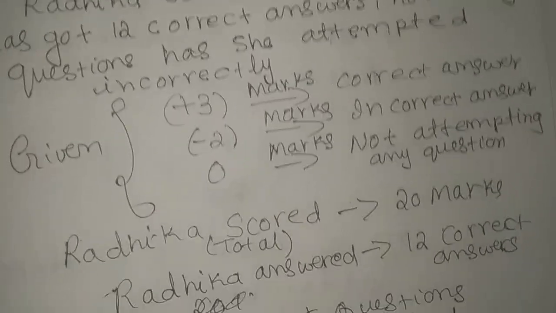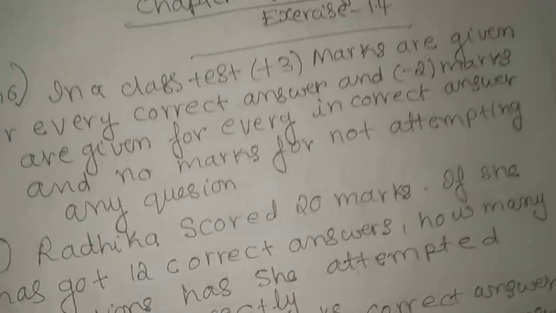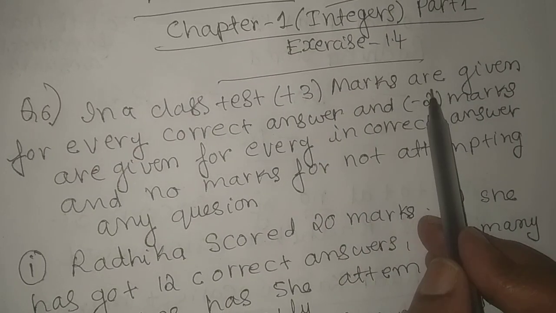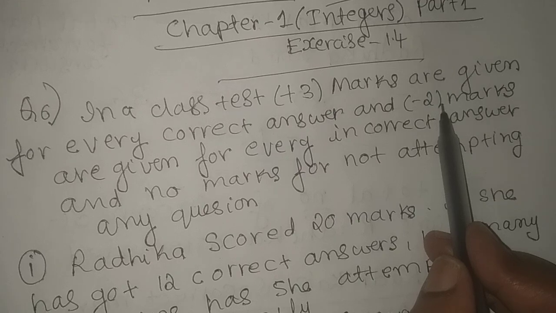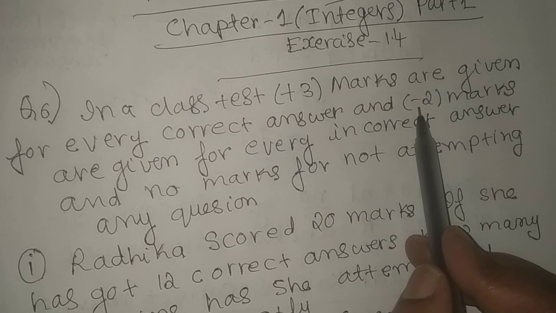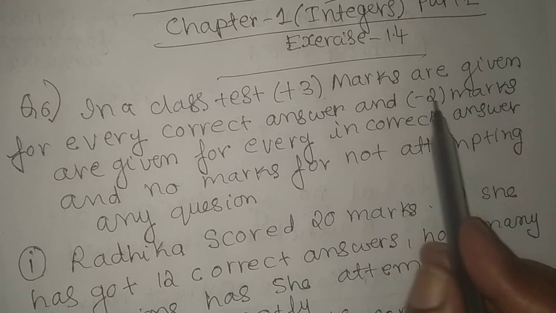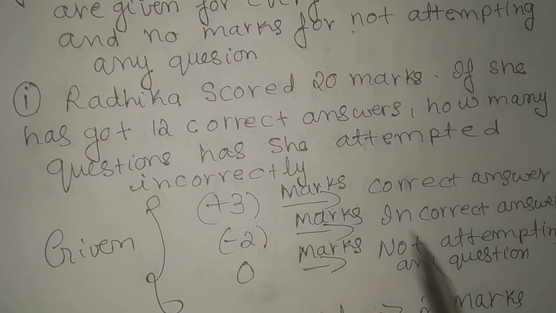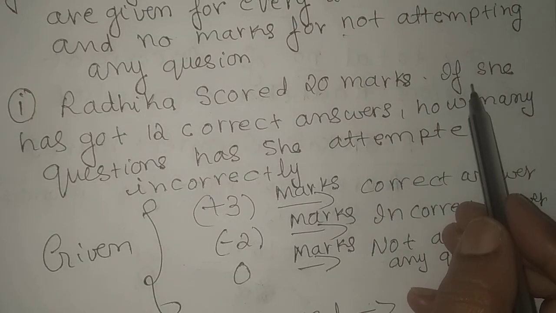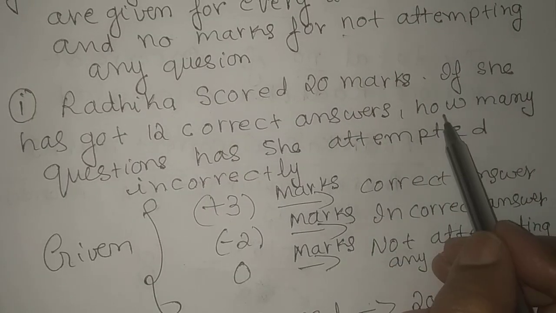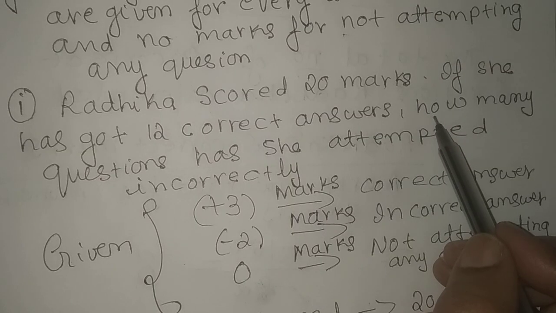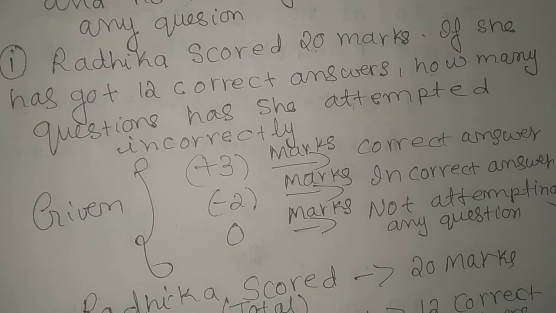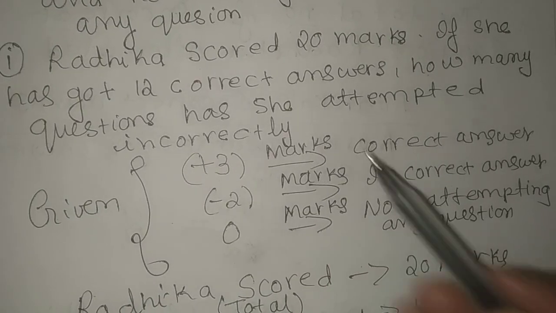So once again I will explain. Here a class test has been conducted where +3 is for each correct answer, -2 for each incorrect answer, and no marks for questions not attempted. Radhika takes the test and scores 20 marks, with 12 correct answers. We have to find how many incorrect answers she got.